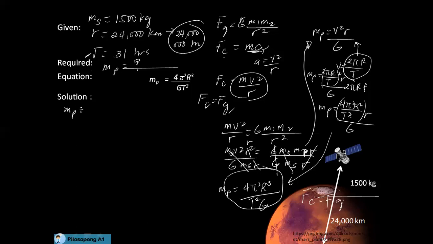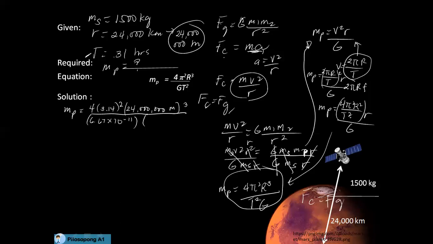So the mass of the planet is equal to 4 times 3.14 squared, multiplied by the cube of the radius, that's 24 million meters, all over the value of G, 6.67 times 10 raised to negative 11.